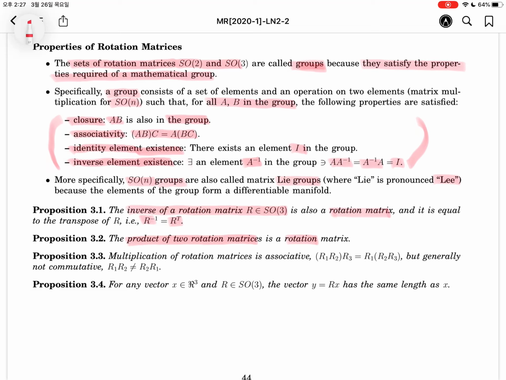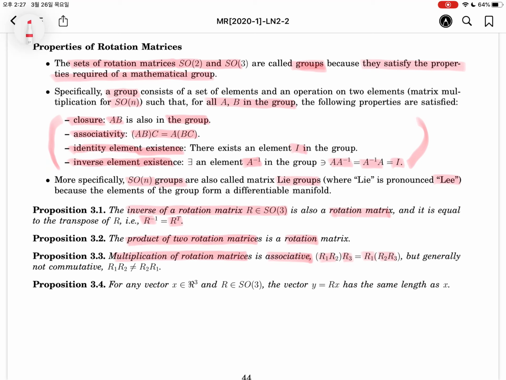Two successive rotations are another description of a rotation. Proposition 3.3, multiplication of rotation matrices is associative. It means that if R1 R2 is first performed, and then R3 is multiplied later, the result will be the same as first multiplying R2 and R3, and then later R1 is multiplied.